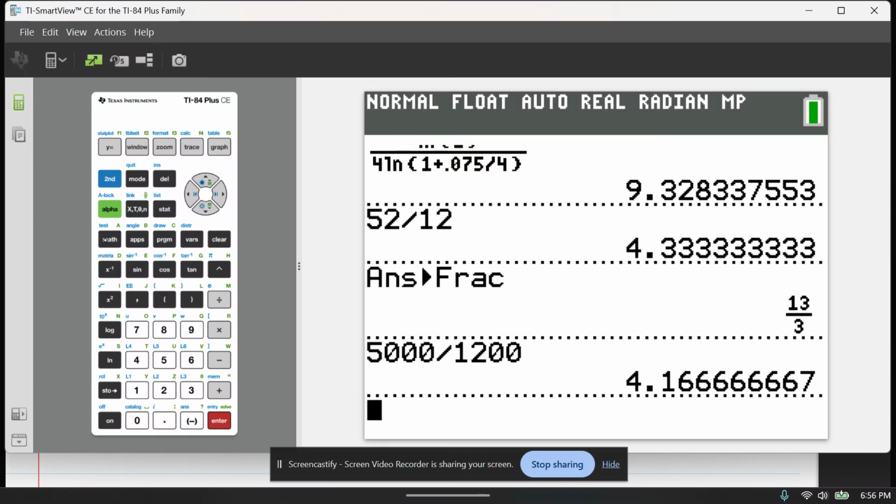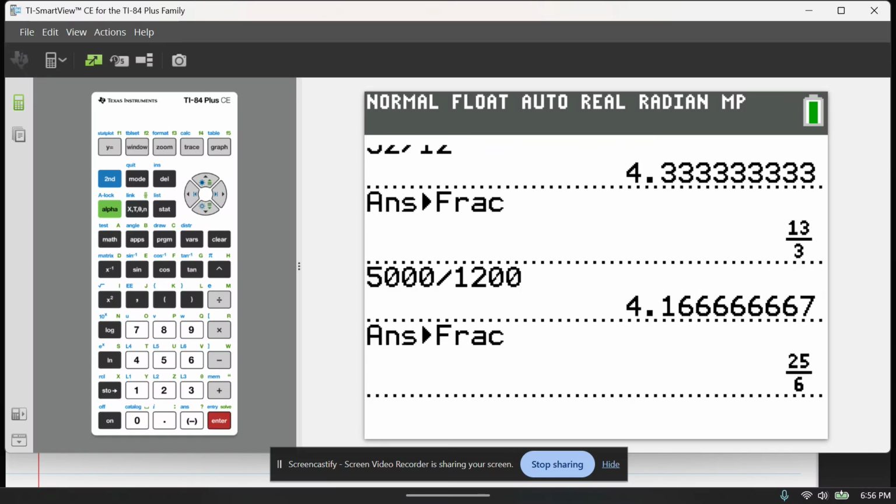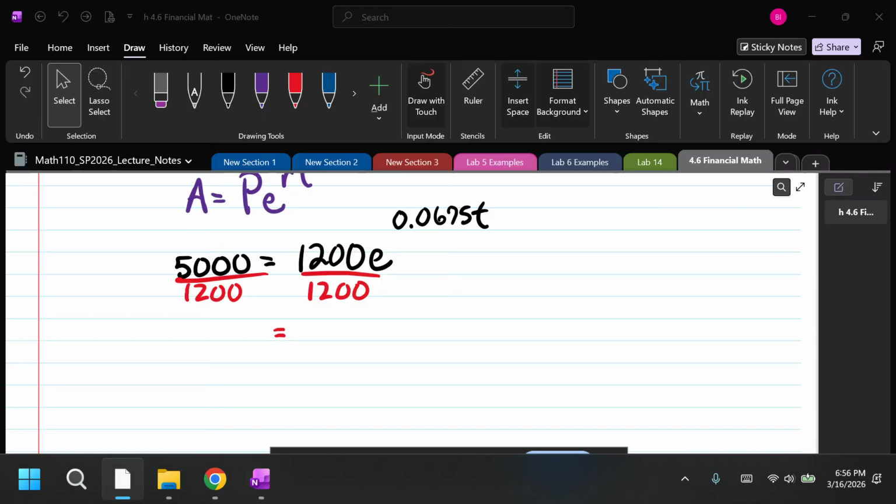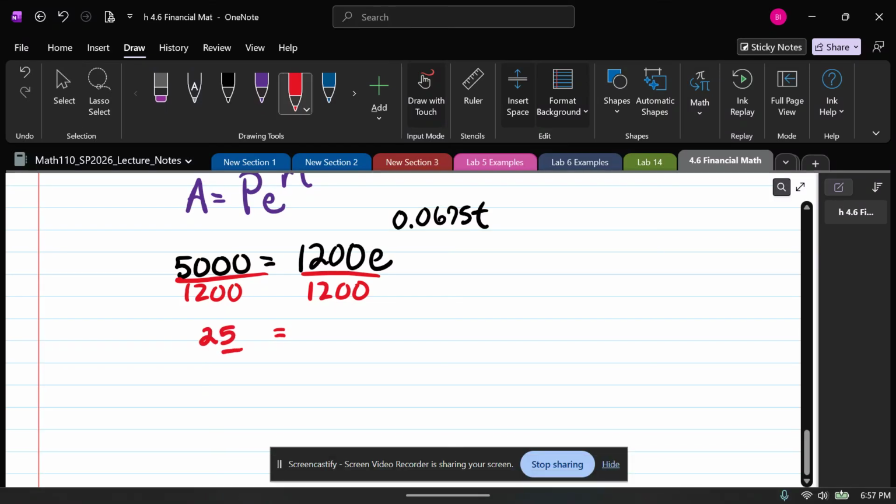I want to use the fraction for that. I don't want to round until the very end. So I'm going to write that as 25 over 6. Sorry about that. And then I have e to the 0.0675 t. So I have a base e there. How do you get rid of base e?